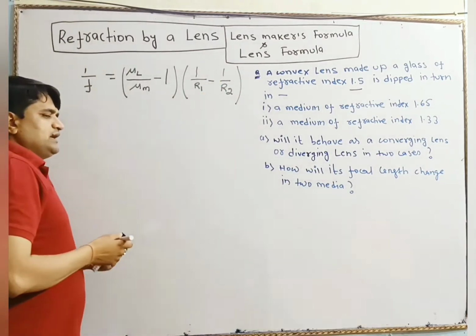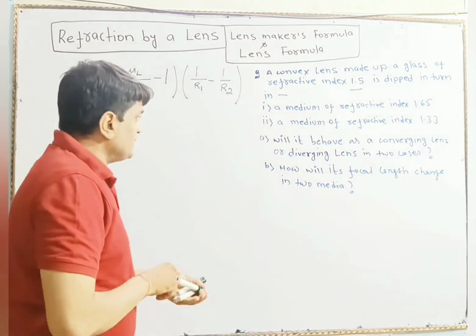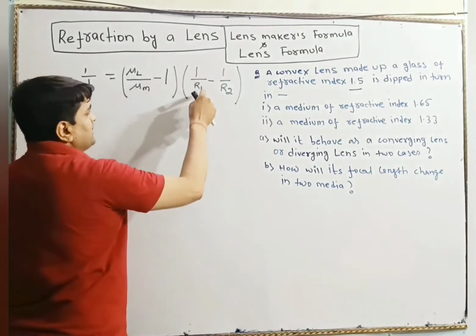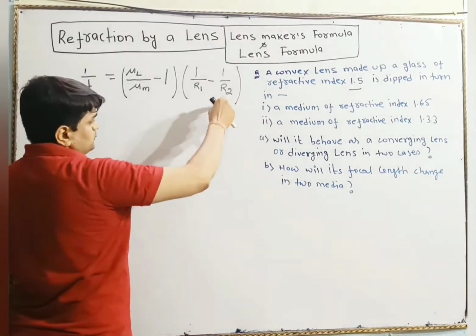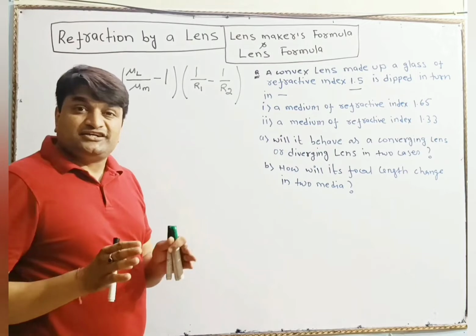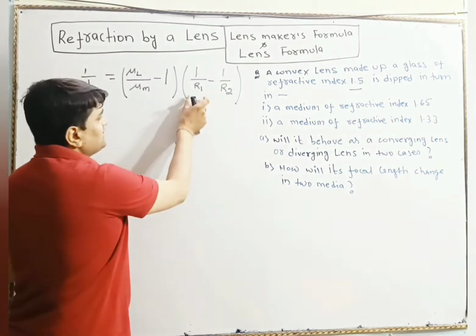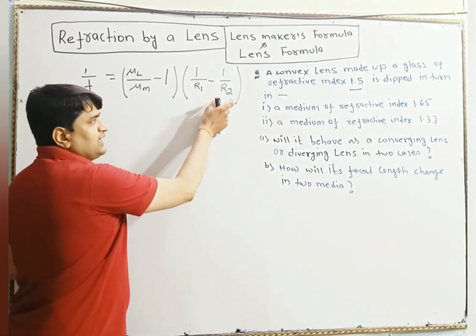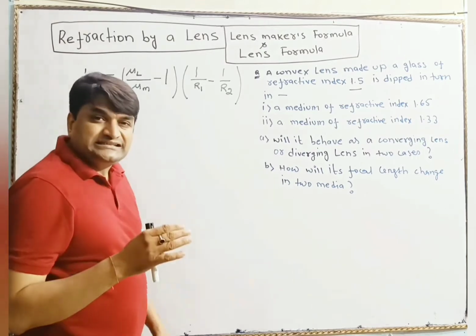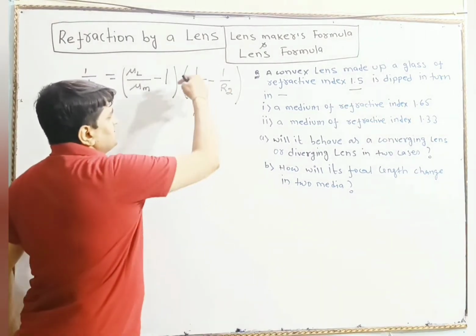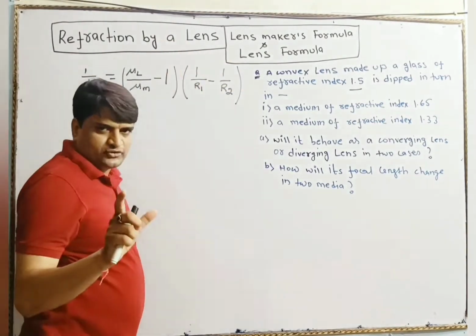Now see the situation. The terms 1 upon R1 and 1 upon R2 are decided by the construction, because these are the radii of curvature. So because of change in medium, this term will not change, it's for sure.